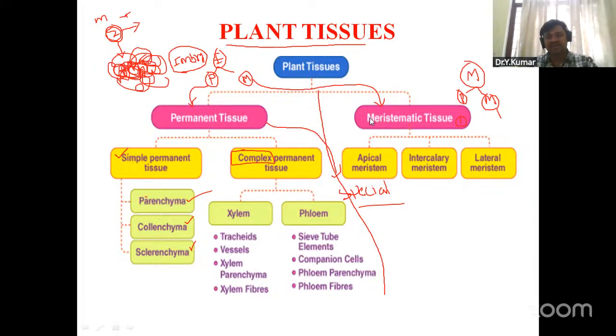Let's see the types. Actually, the types of meristematic tissue are based on position and based on division. It is not given here, but remember, one is position, the second is division.